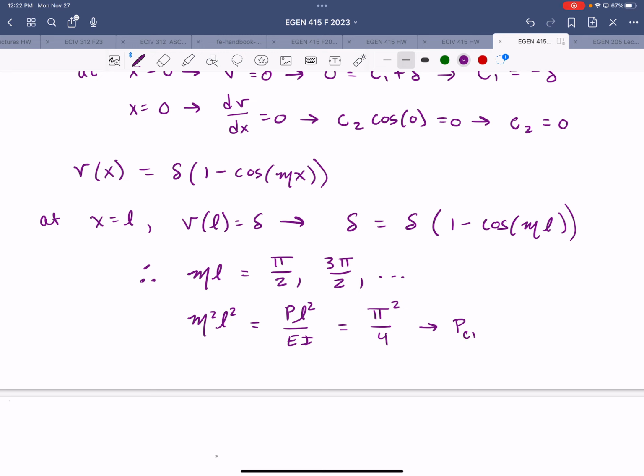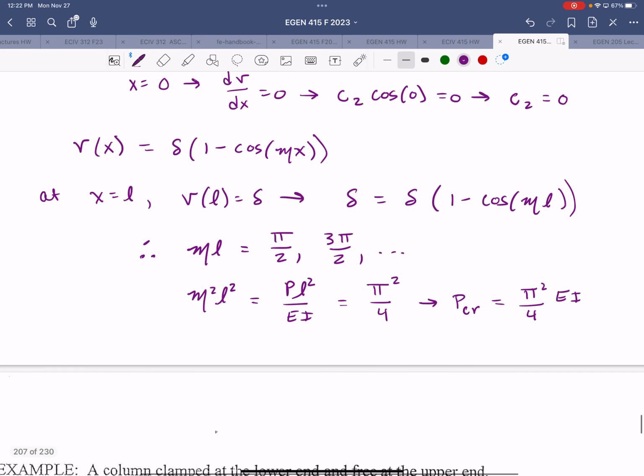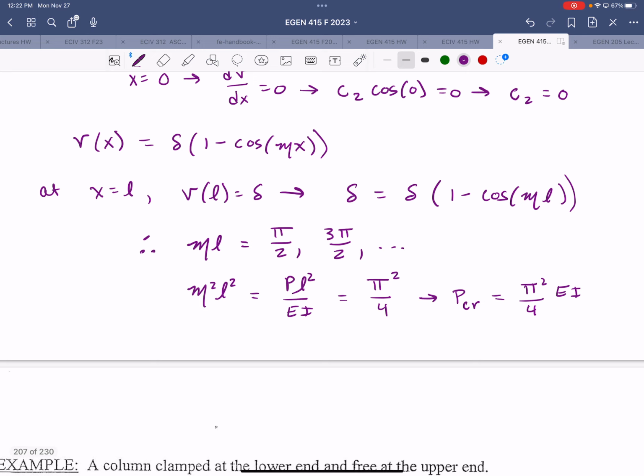So the first critical buckling load in this case is pi squared over 4 times EI, and L squared in the denominator. Somehow I forgot that.